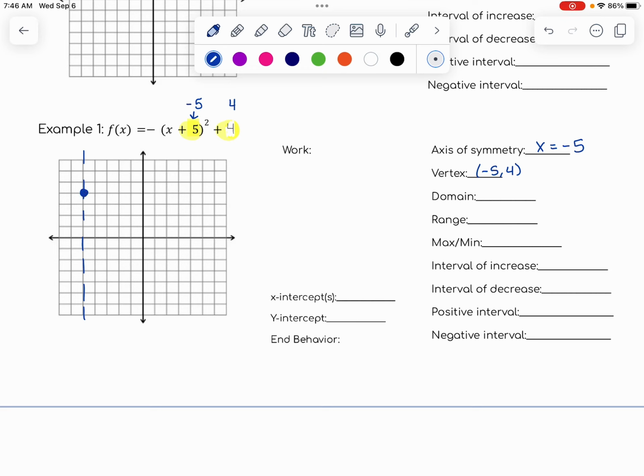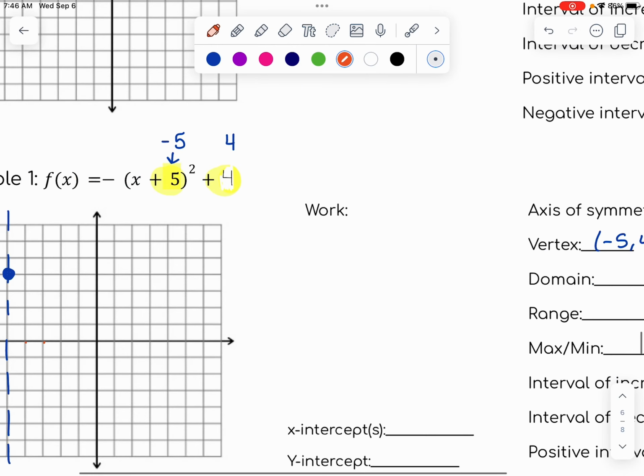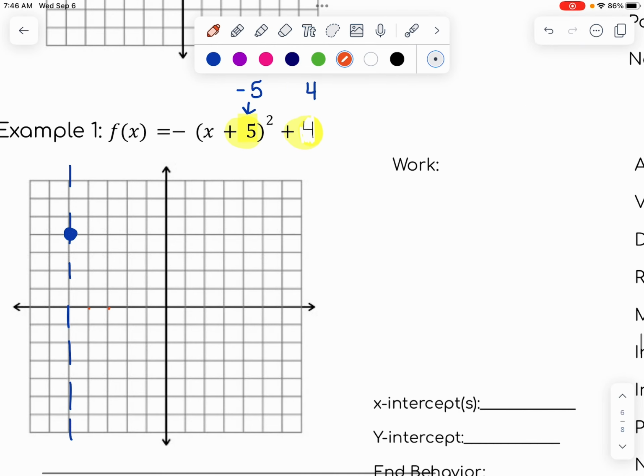All right, the next thing we want to do is plot some more points so that we can get the picture of the curve. So I'm going to choose to plug in negative 4 and negative 3, just because those points are right around the vertex, and so that'll give me a good picture for this graph. So I'm going to start with f of negative 4, and that's negative, negative 4 plus 5 squared plus 4.